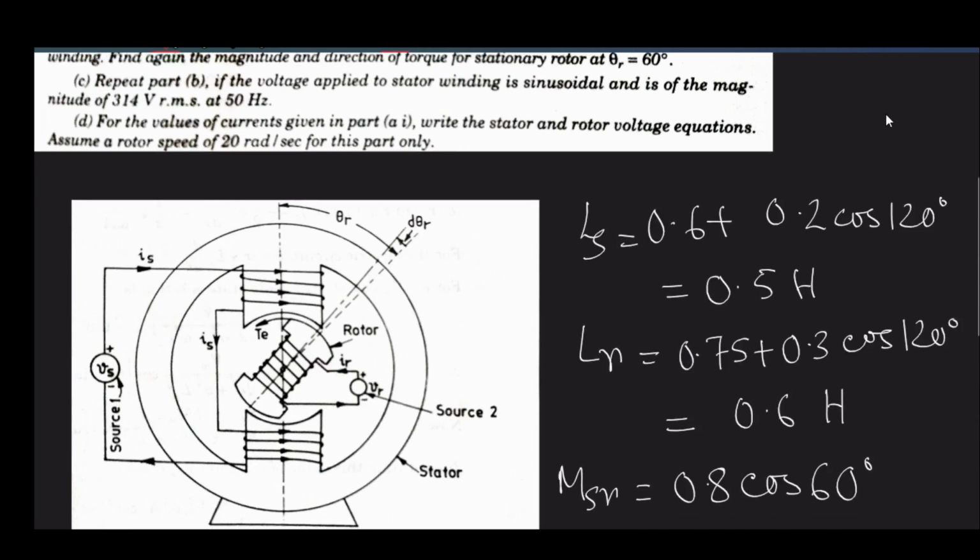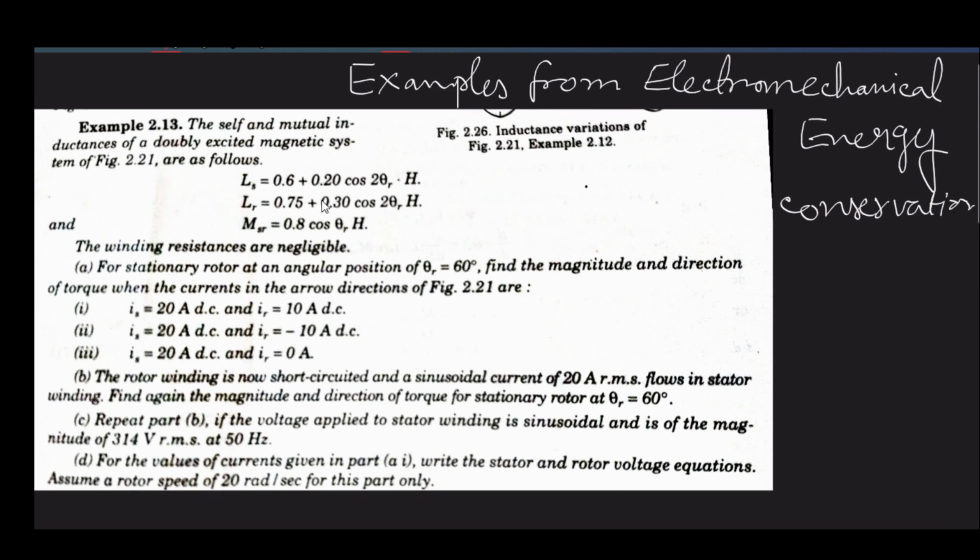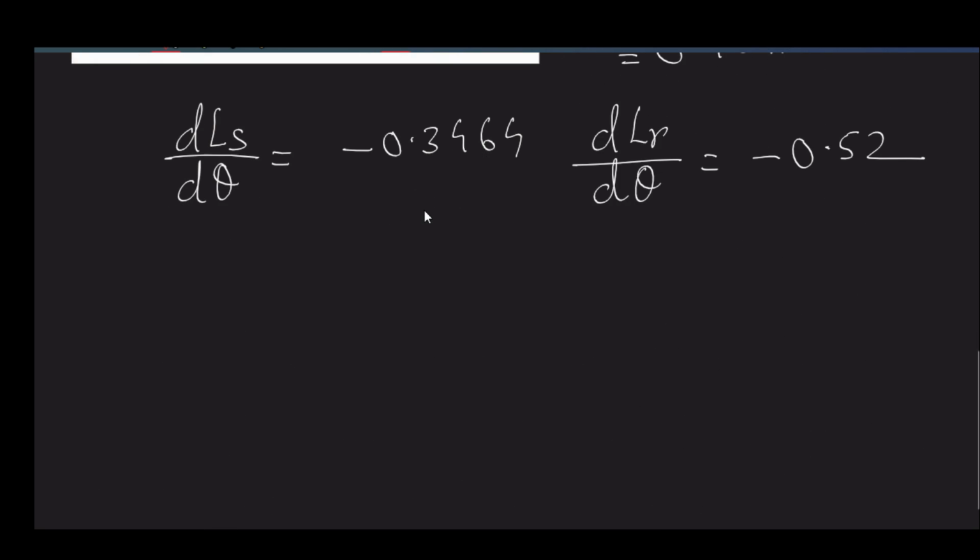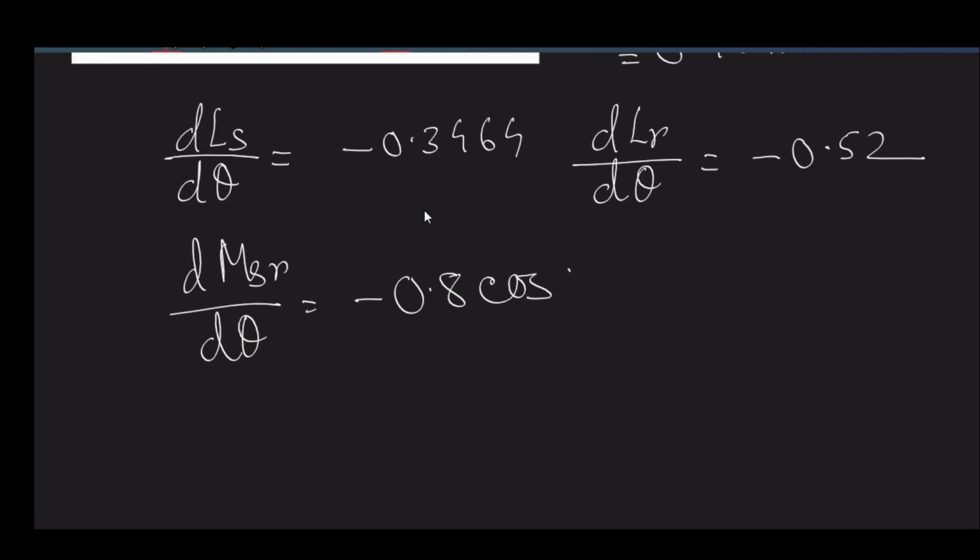It is very easy: you just take d theta of 0.6 plus cos 2 theta. Actually, sorry, let me do it clearly.